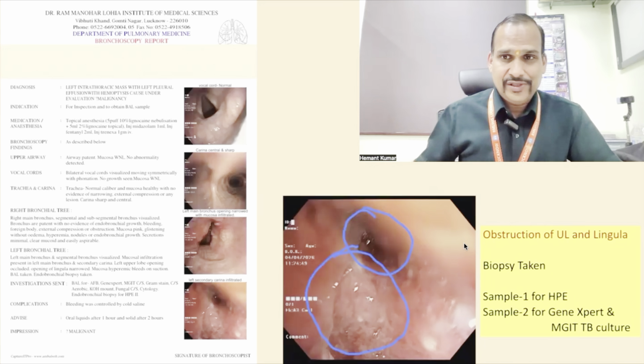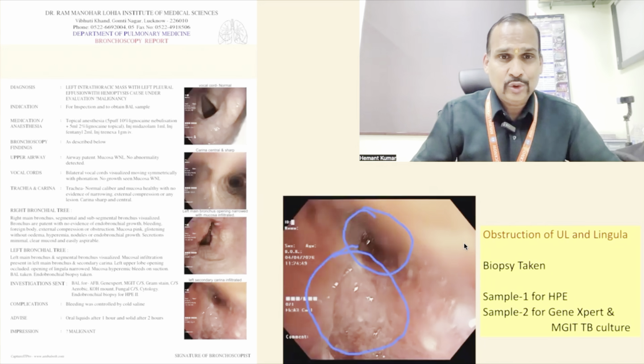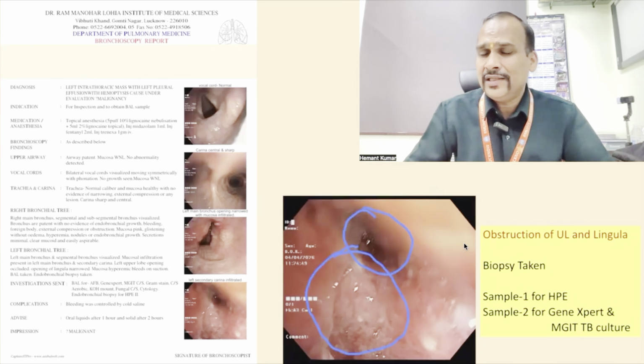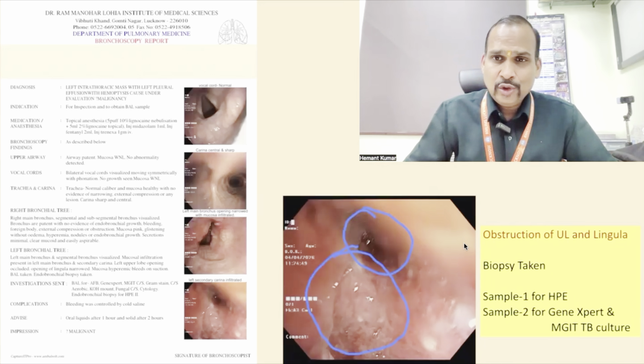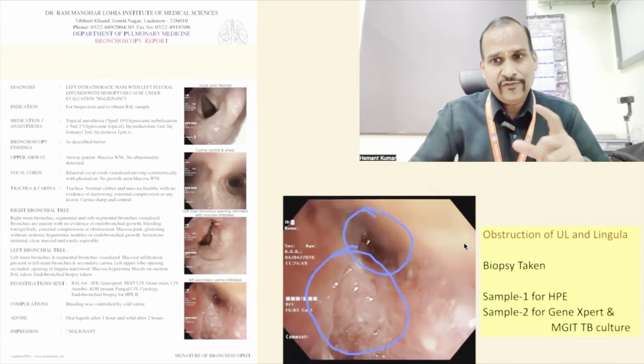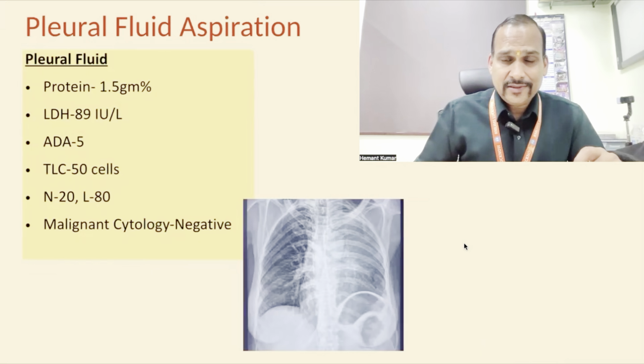So we have to rule out TB in every patient having lung mass, lung cavity, or anything. So you have to take two separate samples, one for histopathology in formalin, one for GeneXpert in normal saline.